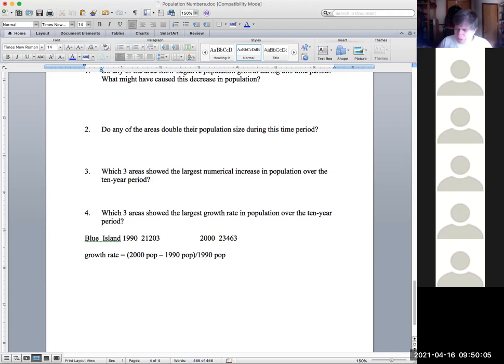So in this case, our growth rate is 23,463 minus 21,203, and we're going to divide by 21,203.